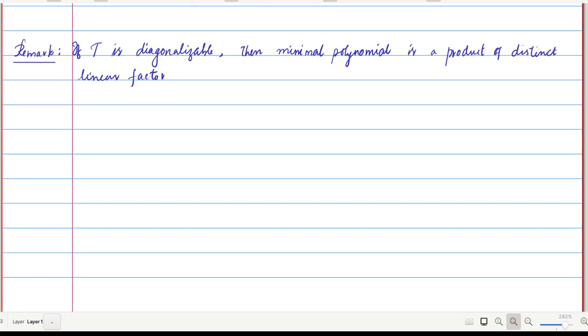The meaning of this is, if c1, c2, etc., ck are the distinct characteristic values of T, then the minimal polynomial of T, say p of x, takes the form (x minus c1) etc. (x minus ck). So this will be the form of the minimal polynomial if T is diagonalizable. Here we use only one implication.